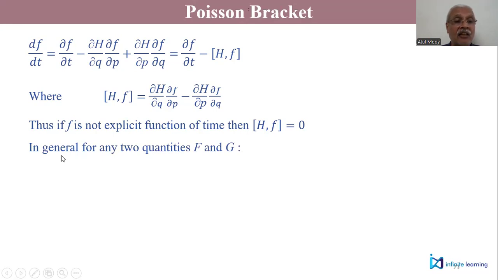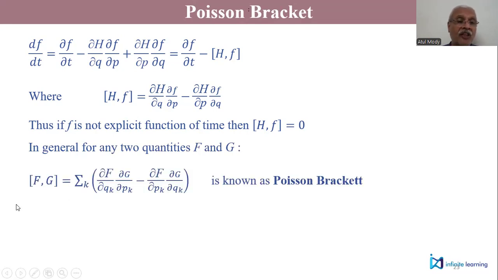In general, for any two quantities f and g, you would write the Poisson bracket as this. Of course, we wrote p and q symbolically, but if there are n generalized coordinates and n generalized momenta, then you have to take n such terms and sum over. That is what is known as the Poisson bracket. So the Poisson bracket will actually have n such terms, not just one term.